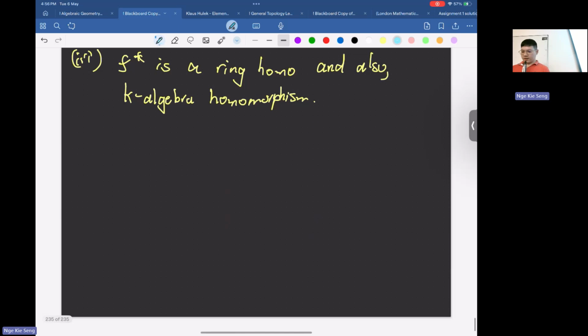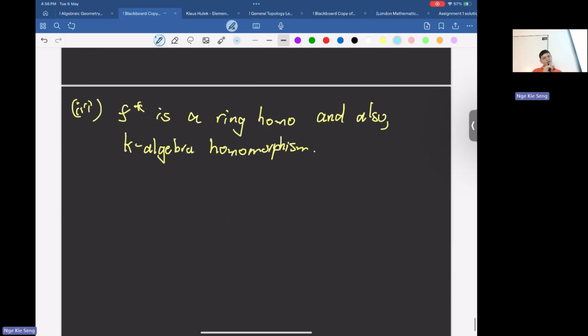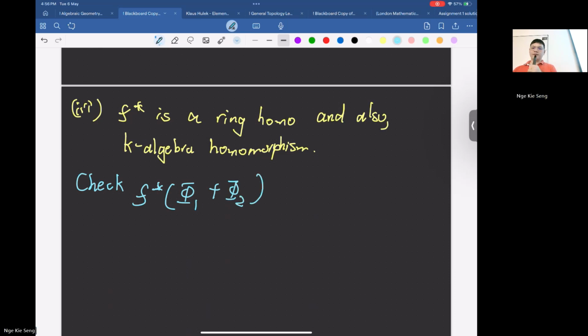How about this one? Ring homomorphism. I just leave it to you to check. So you check that f star on phi 1 plus phi 2, what is it? It should be equal to f star on phi 1 plus f star on phi 2.